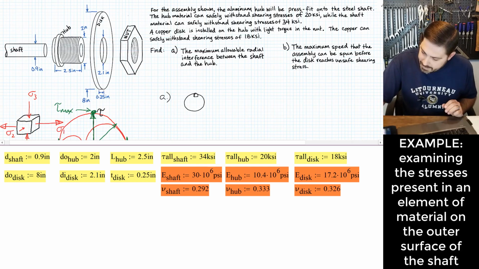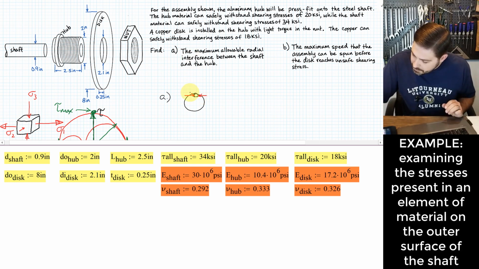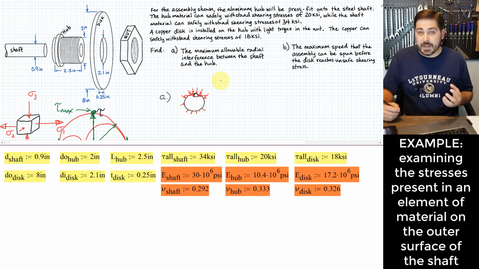Okay, and that's going to push in on this little piece of material like this. Meanwhile, there's also this interface pressure that happens between the hub and the shaft, and that interface pressure occurs all the way around the outside, right? I can draw them all on there, but you get the idea.